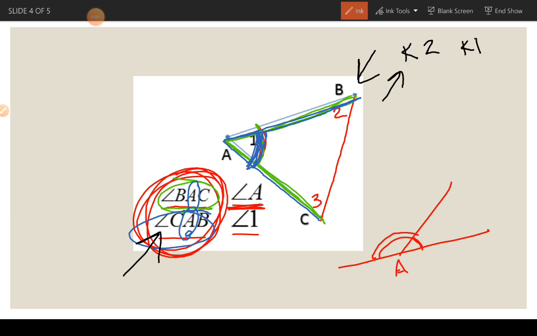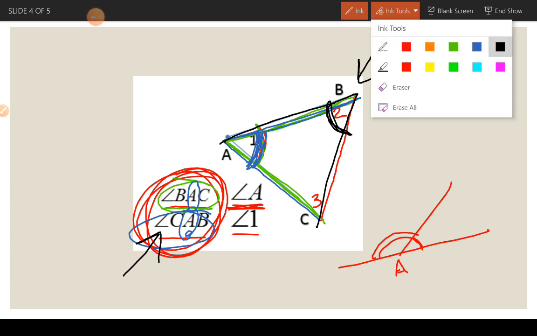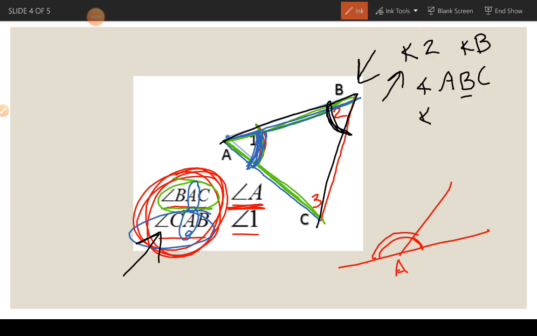I could label it angle B. Or I could label it angle ABC. So again, that B is in the middle. ABC. It's creating that arc right here. Or I could also label it angle CBA. It would just be starting at C going to B. It would just be the exact opposite.